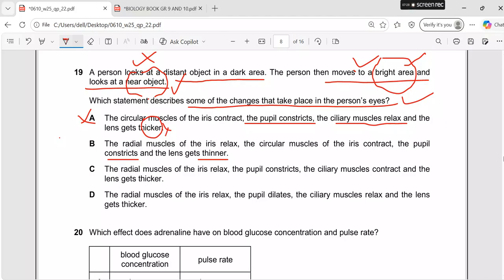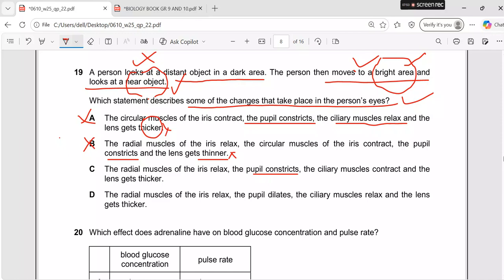No, because you're watching something near, you do not want a thinner lens. You need to get a thicker lens. So eliminated. Fine. Number C, the radial muscles of the iris relax, pupil constrict.